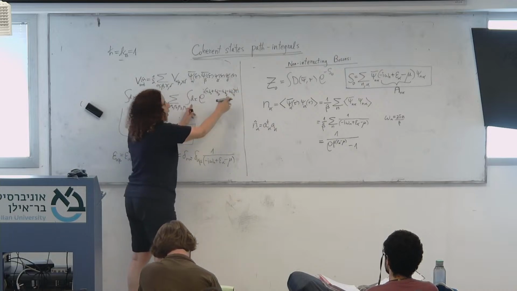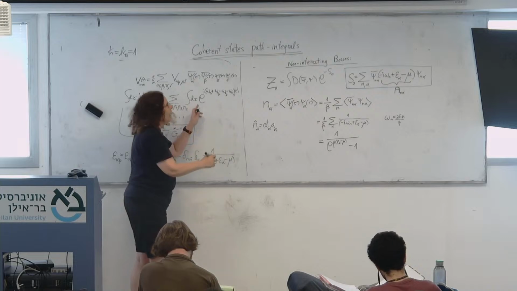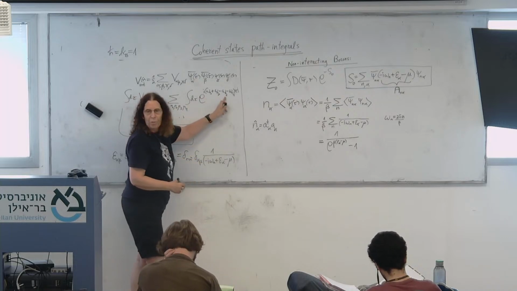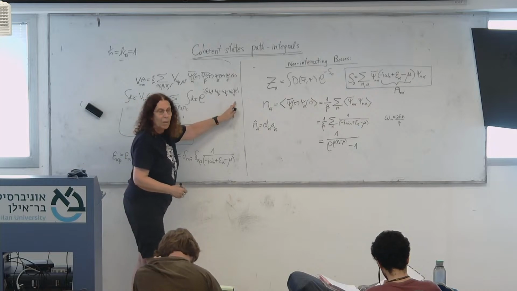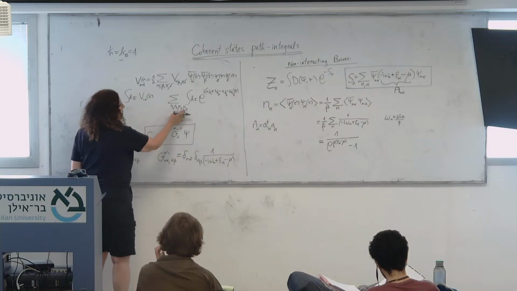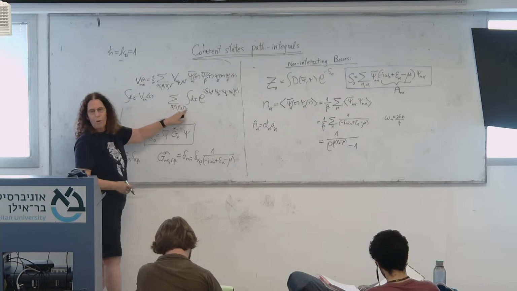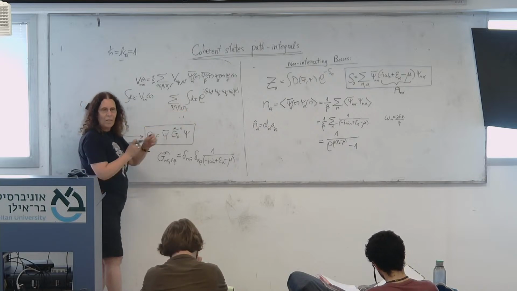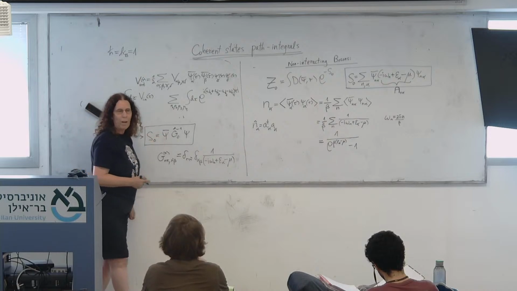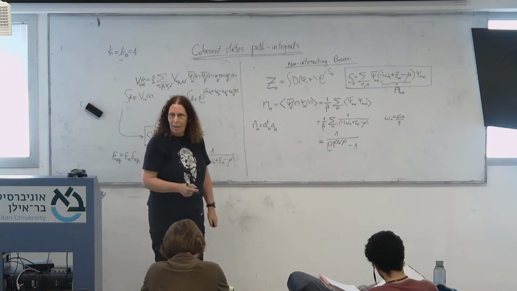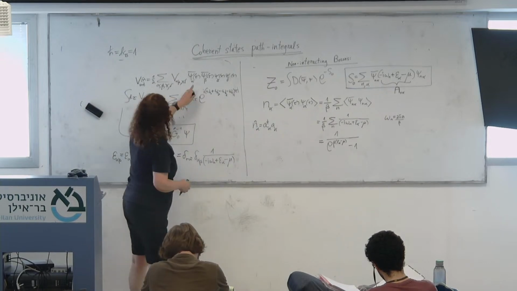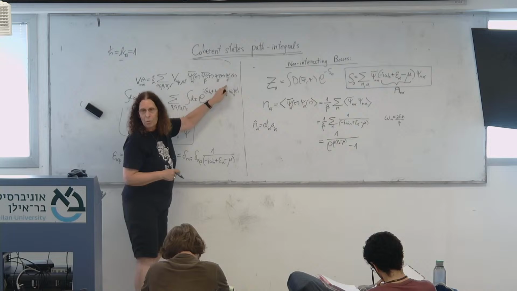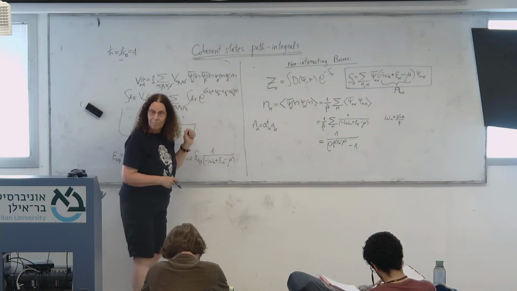Once again this will give you a delta, but the delta will only set n1 plus n2 equal to n3 plus n4. So you're only eliminating 1 out of 4 indices. So you still have a mixing between different Matsubara frequencies. And even though in the imaginary time domain it's local, in the Matsubara domain it's not.